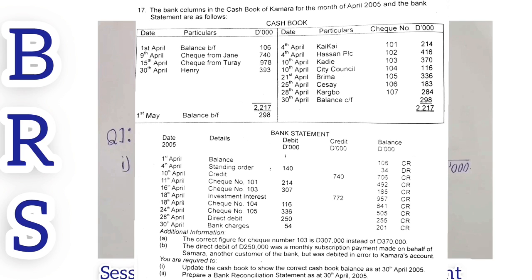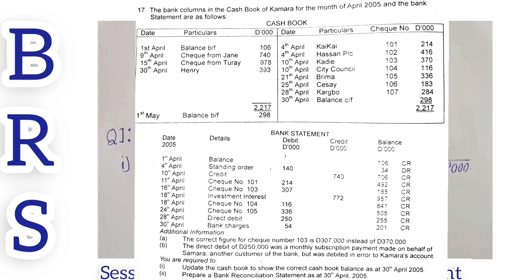But remember, they are in thousands. That's why you see the Dalasi at the top of the updated cash book having three zeros close to the currency, meaning that they are in thousands. So we have a balance of 298, that is 298,000.